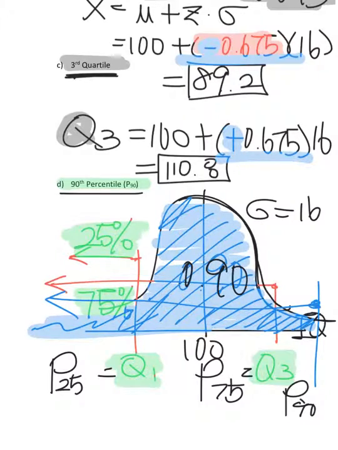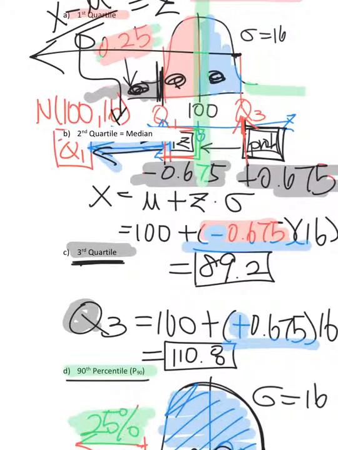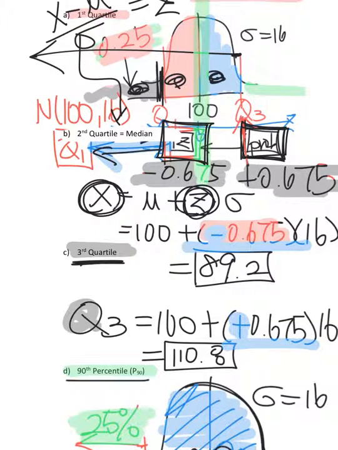So it's the same thing. Now we have a probability, 0.9. What do we need? A z-score. And then what? Plug it into the z formula to get the score, the 90th percentile.